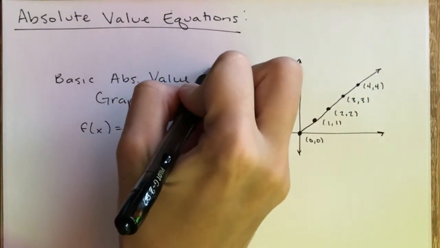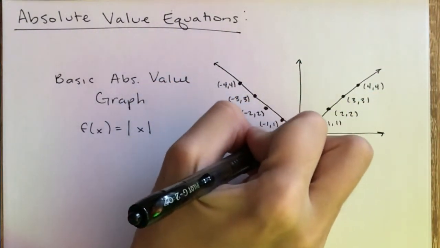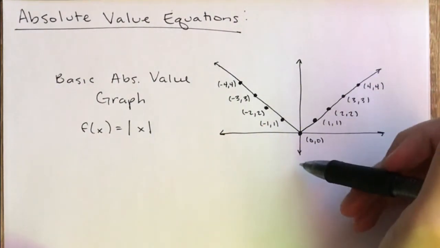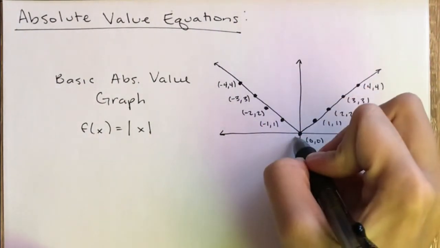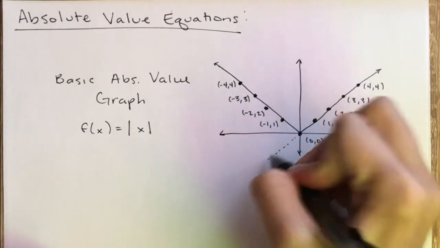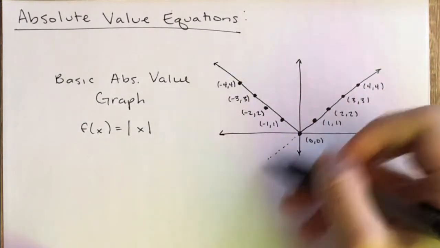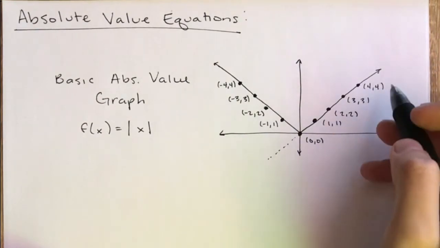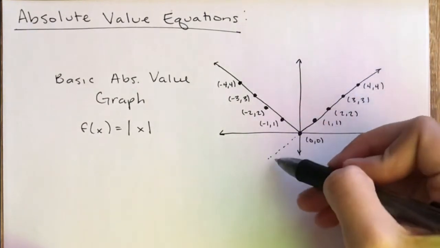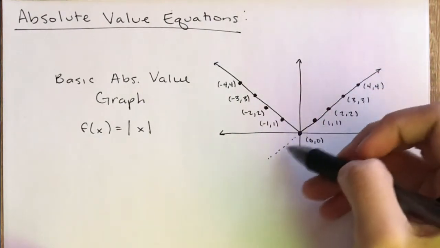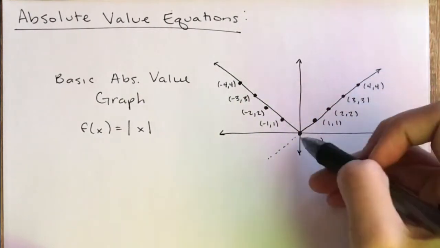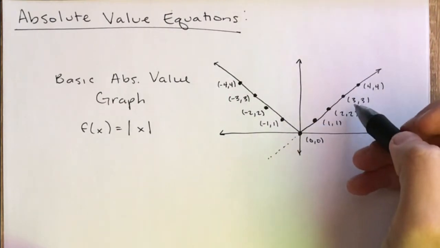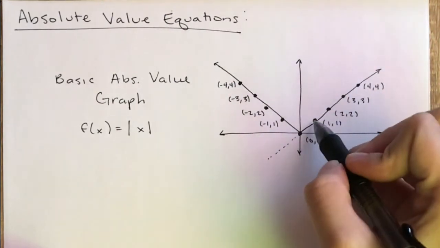Okay, so when we connect these, we end up with this sort of V-shaped graph, right? Why is it like this? Well, essentially, we're kind of taking the graph of the line y equals x. We are familiar with that line from inverses, right? Because that was the line we flipped over. A line with a slope of 1 and a y-intercept of 0, also where the y value and the x value are the same.